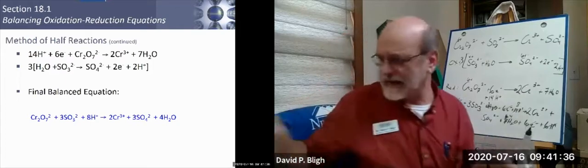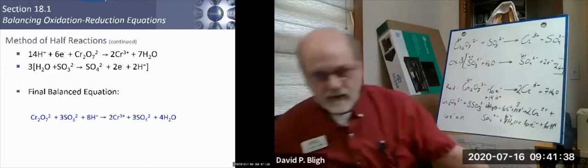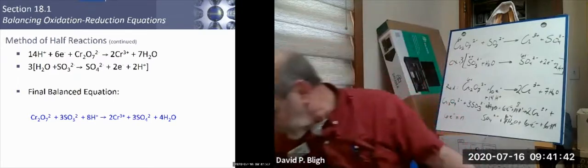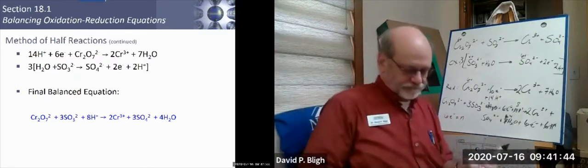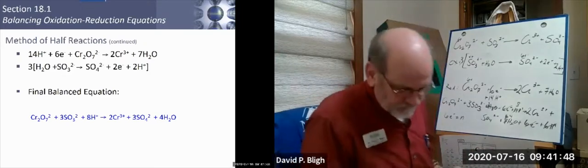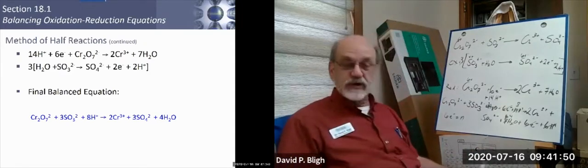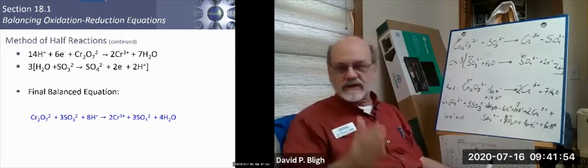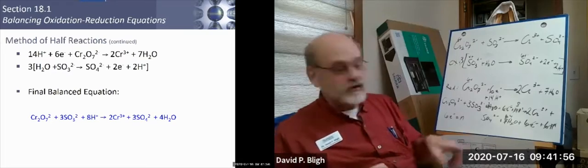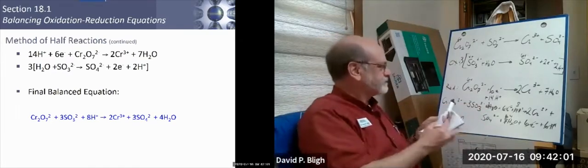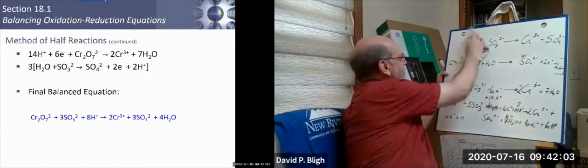Okay, any questions about what I did, how I did it? This method is good for one thing. You just do it step by step by step. You get to the end and you're done. As long as you don't make mistakes like I did. Okay.